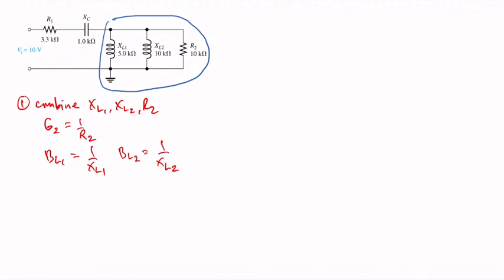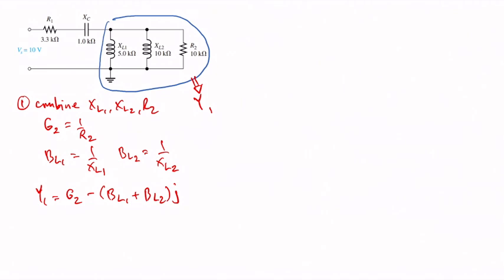Okay, and from there we can already get the equivalent admittance, which we call in this case Y1. So Y1 is equal to G2 minus BL1 plus BL2 j-hat. And we have a minus sign here because taking the reciprocals means that 1 over j becomes negative j.